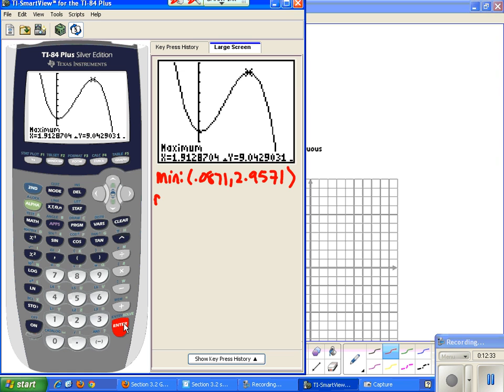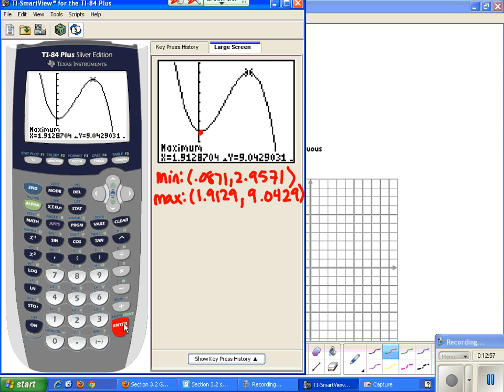And notice I get my maximum. So my maximum point would be 1.9129, and then we have 9.0429. And again, because it's a maximum point and a minimum point, that's why I'm using the x and the y coordinate.